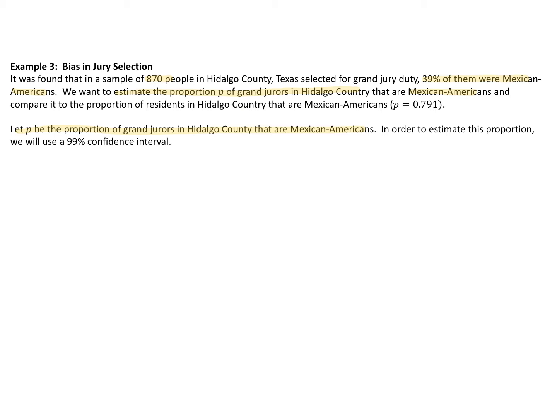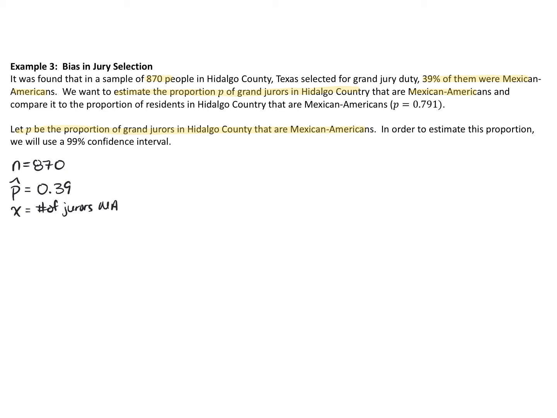I'm going to start by writing down all the information that I've just read here. Our sample size n is 870 people. In this particular problem, we're given our sample proportion p hat, which is 39%. Always convert that percent to a decimal. Before we move forward, we should calculate x, which is the number of jurors who are Mexican American.